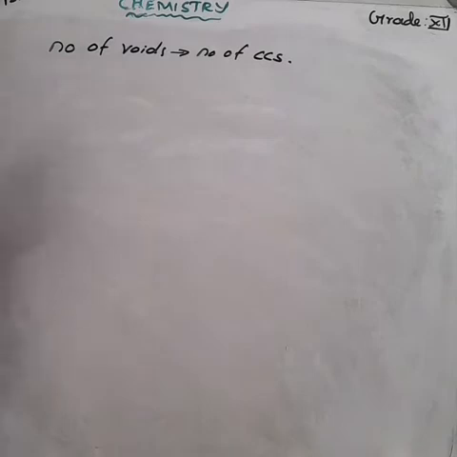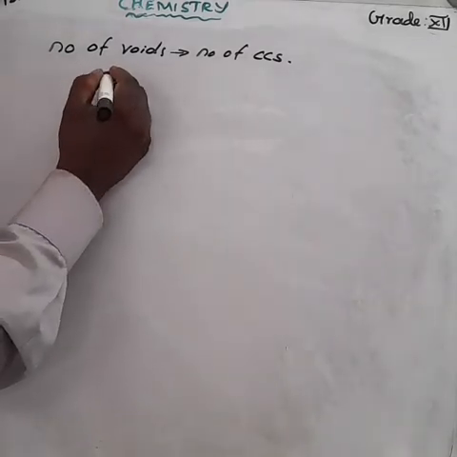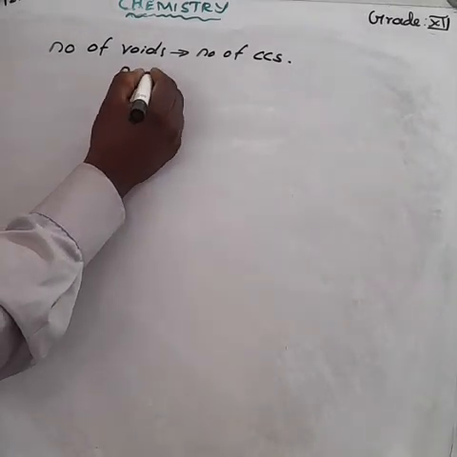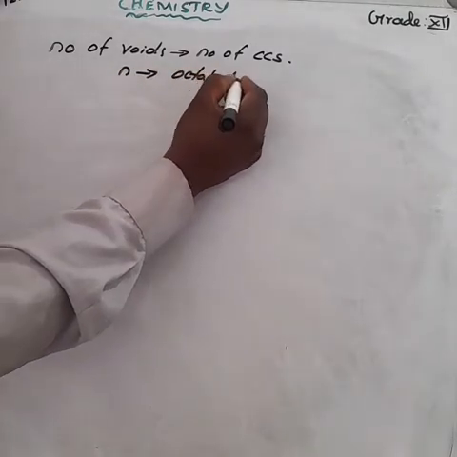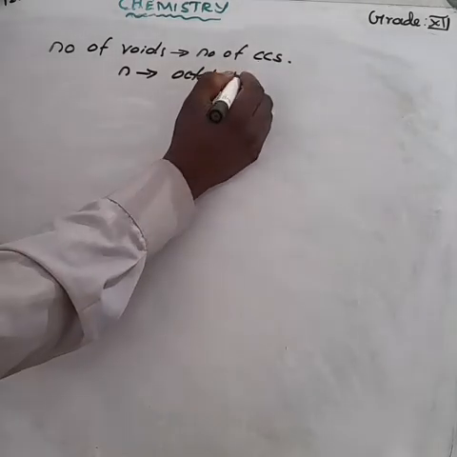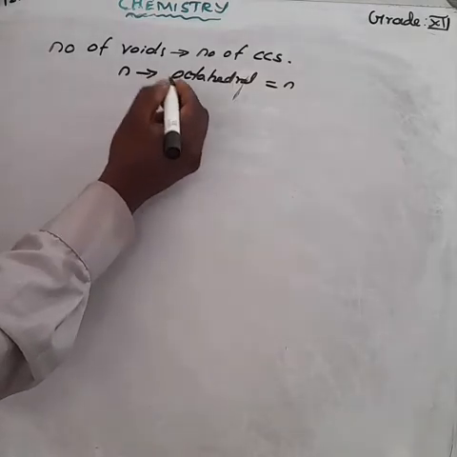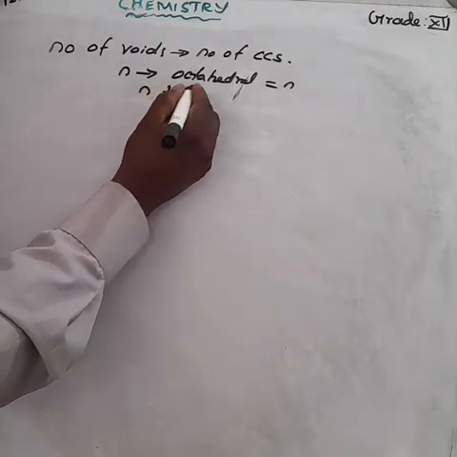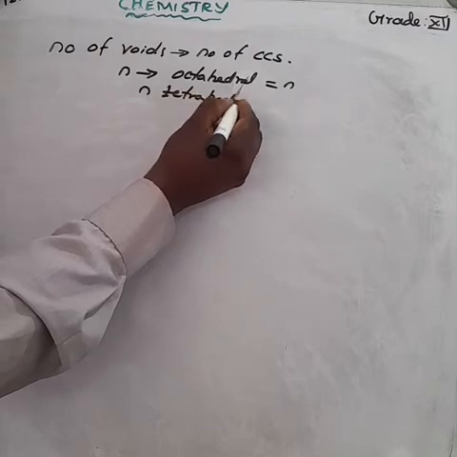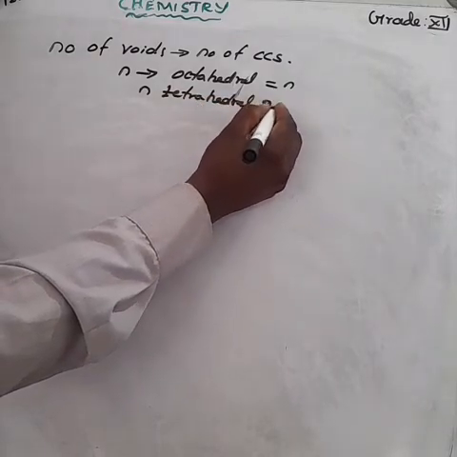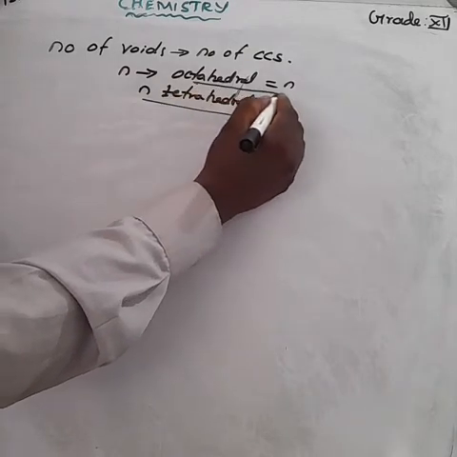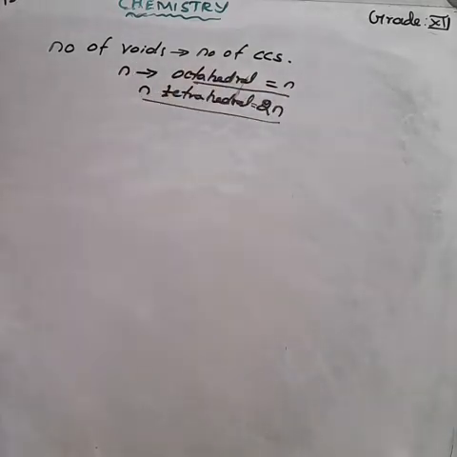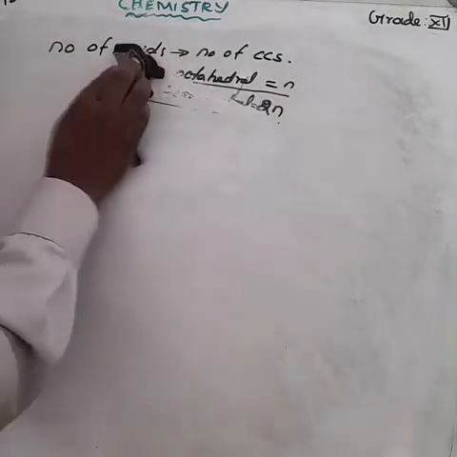If the number of close packed spheres is n, then the number of octahedral voids generated is equal to n, and the number of tetrahedral voids generated is equal to 2n. Don't forget: tetrahedral voids equal 2n, octahedral voids equal n.